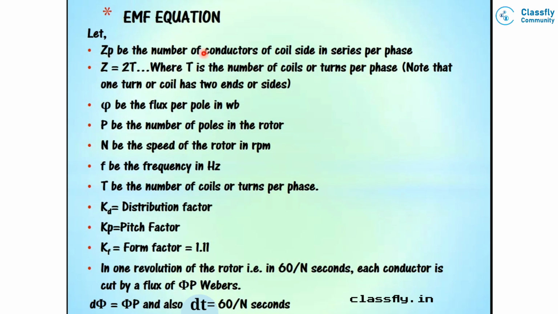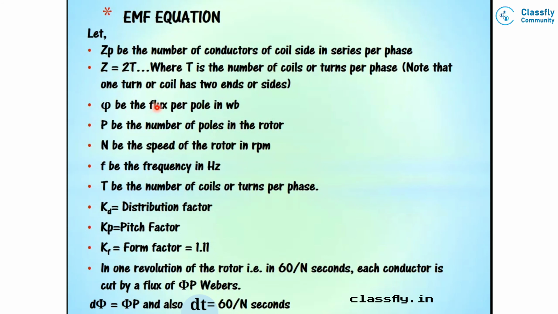Always remember that one conductor will be equal to 2 turns, where T is the number of coils or turns per phase. Note that one turn or coil has 2 ends. So the main thing to remember is one turn will have 2 conductors.